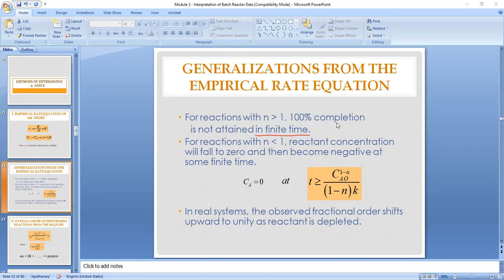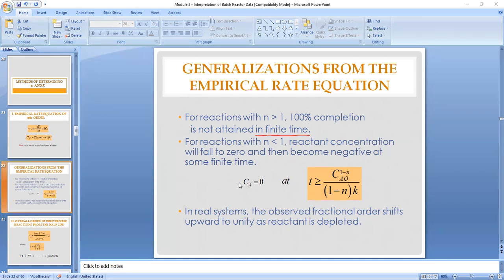So if you use the empirical rate equation, it is even possible for orders of reaction less than 1 that the CA value you will be solving is negative, just like the way I explained it with zero order reactions a while ago.